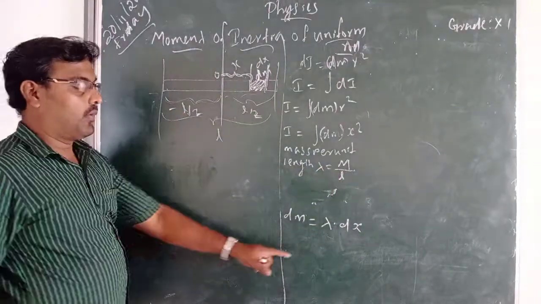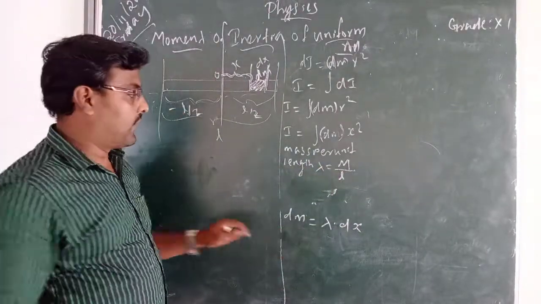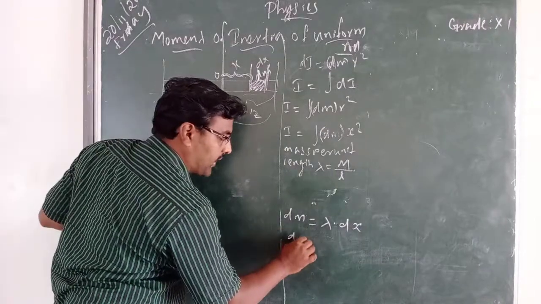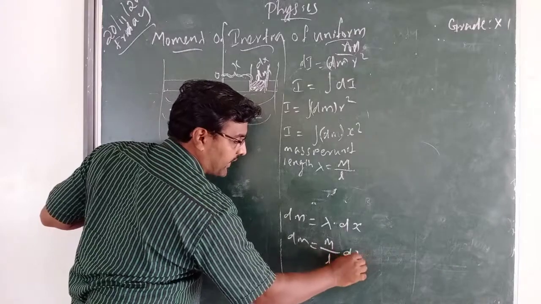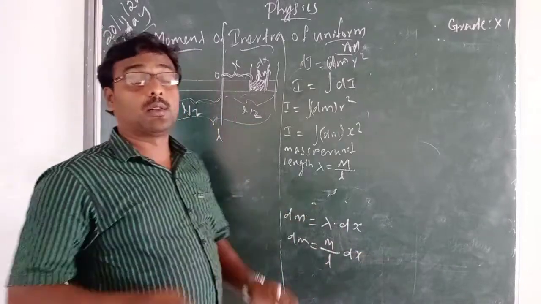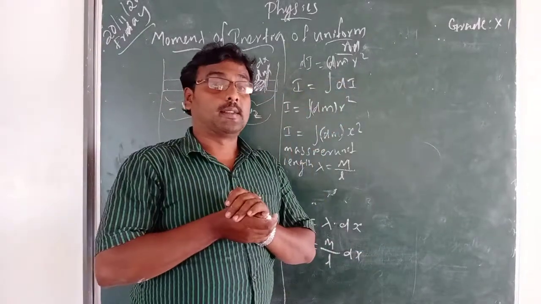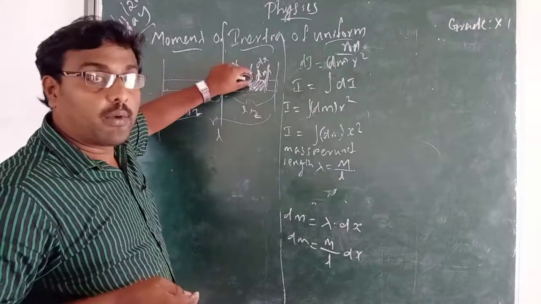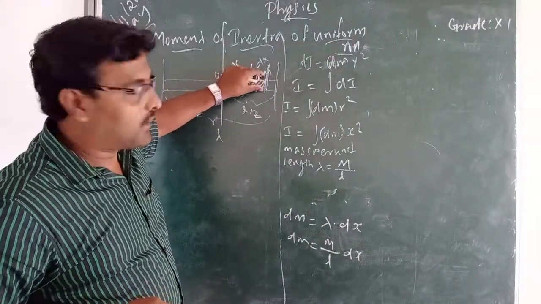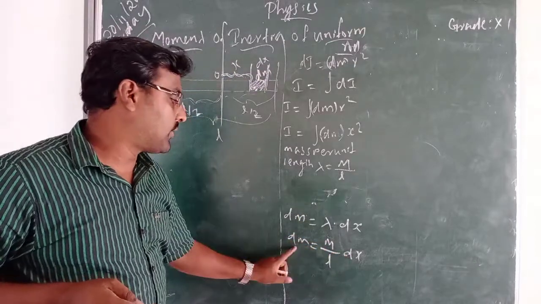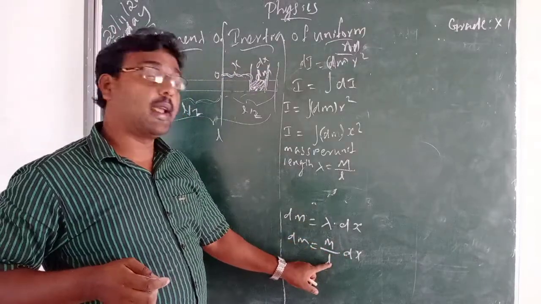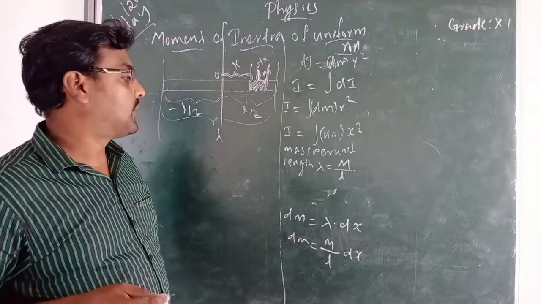So we can find the dm value: dm is equal to M by L into dx. That is the mass per unit length for a certain distance.